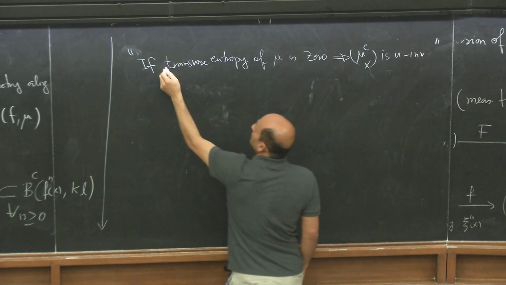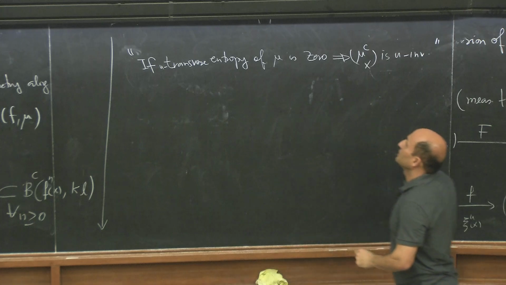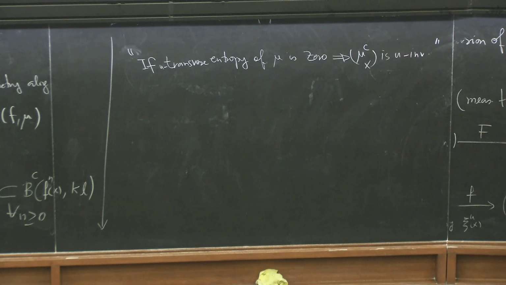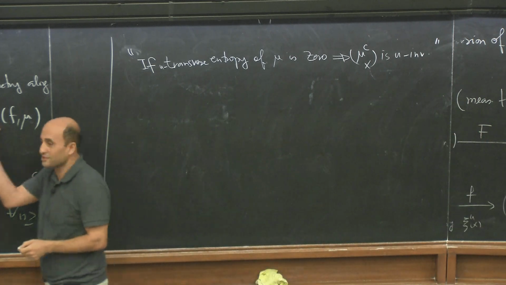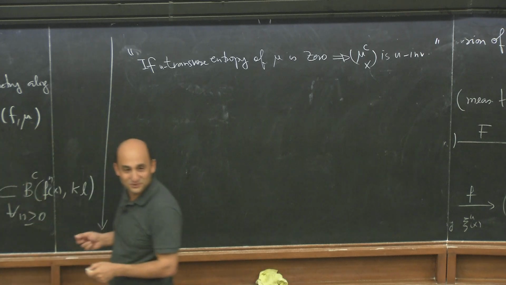So if the U transverse entropy is zero, then mu^c is U-invariant. The transverse entropy here is the difference between these two things, okay?